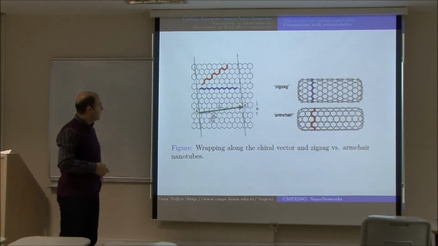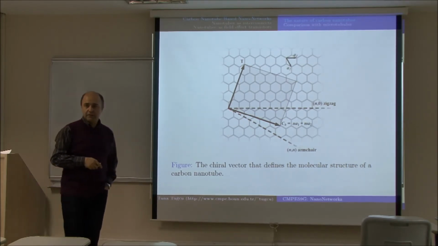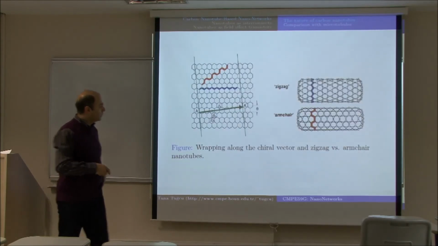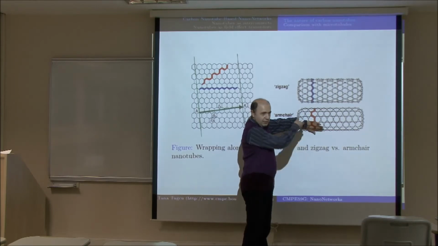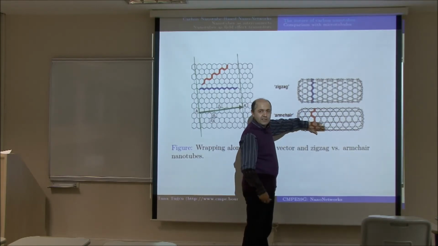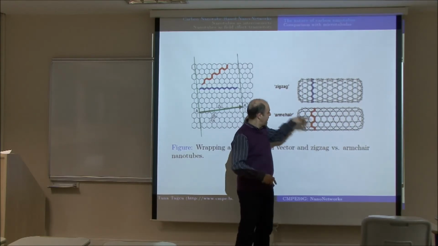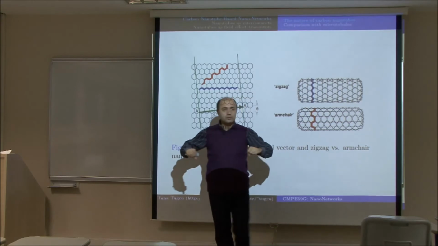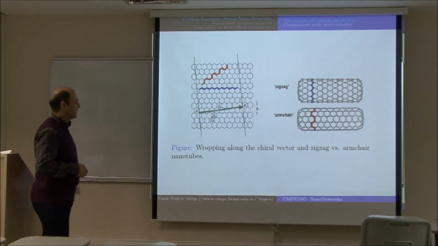If you roll it according to this n by n vector, where m is equal to n, then it's the armchair, because if you just look at this part and rotate it 90 degrees, it looks like an armchair. The sitting place would be here, and these are where you rest your arms. That's why it's called an armchair.